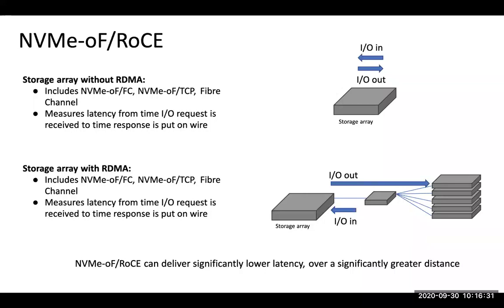Just because it's NVMe-oF, not all is equal. So NVMe-oF over Fibre Channel, which does not support RDMA, or NVMe-oF over TCP without RDMA, or NVMe-oF with RoCE, which is with RDMA. Those are some of the different things you want to take into consideration when you're looking at an NVMe-oF implementation.